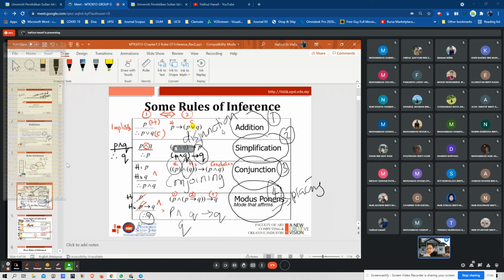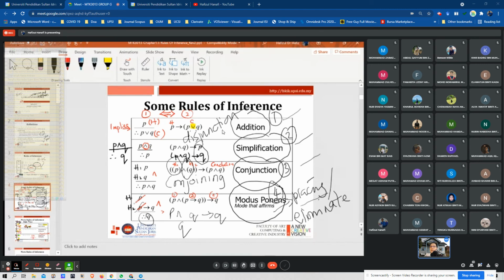So far we have four: addition, simplification, conjunction, and modus ponens. Placing or eliminate. Okay, so far do you have any question?